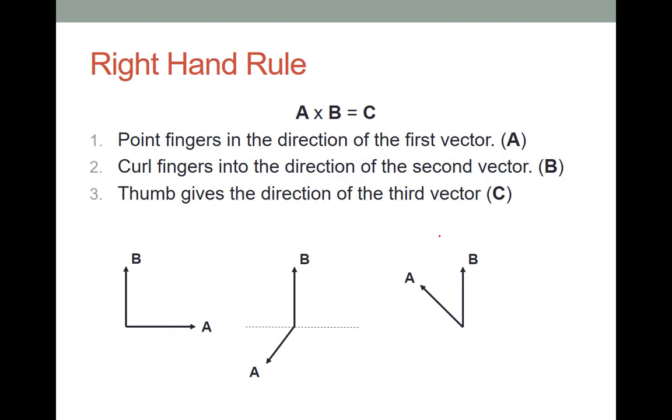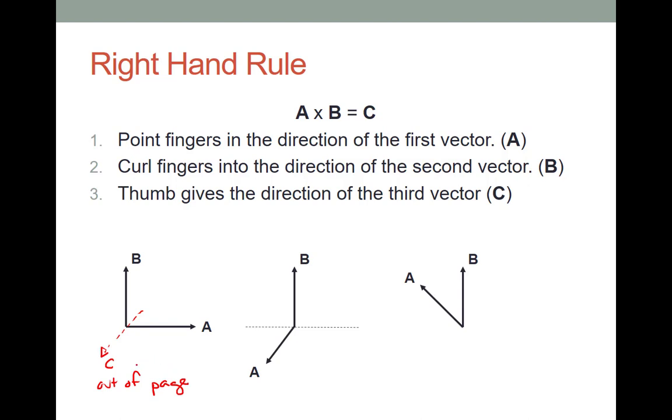Lots of options for how you point your hand in the direction of A. The second thing you want to do, which isn't shown here, is curl into the direction of B, which means your palm must point in the direction of B. So I want palm up. Then I can point my fingers in the direction of B, and my thumb gives the direction of the third vector C. My thumb is pointing over my shoulder, or equivalently, it is pointing out of the page.